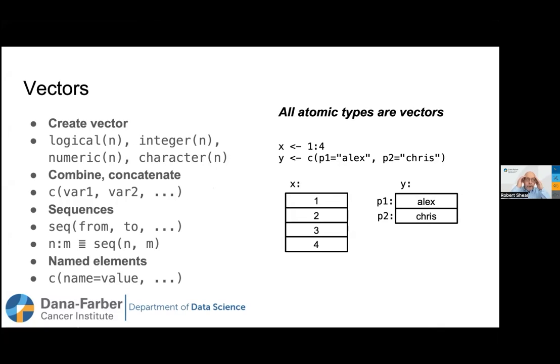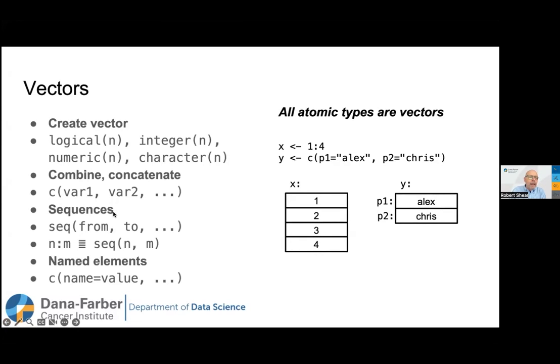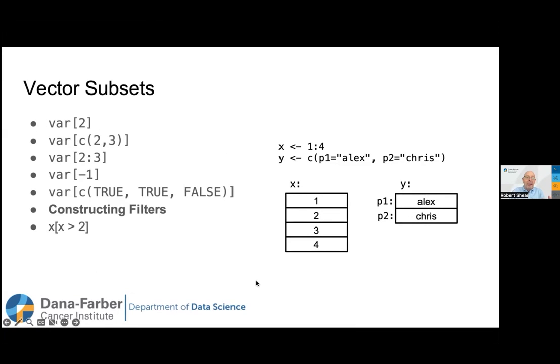So don't try to transfer your Python knowledge if that's your current strong suit. And then finally, you can name elements, which is pretty nice, especially if you're doing statistical analysis and not everything is ergs per cubic meter or something.